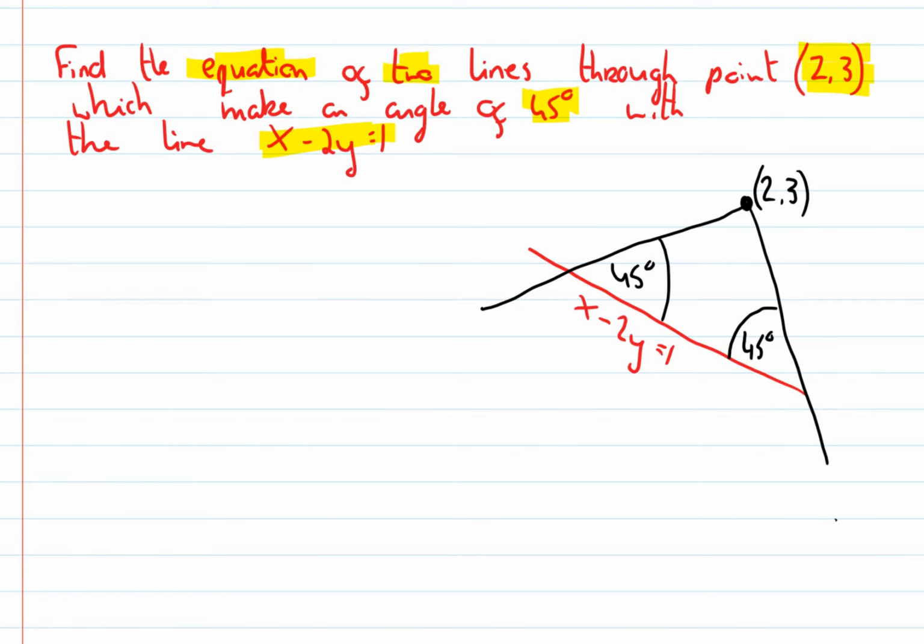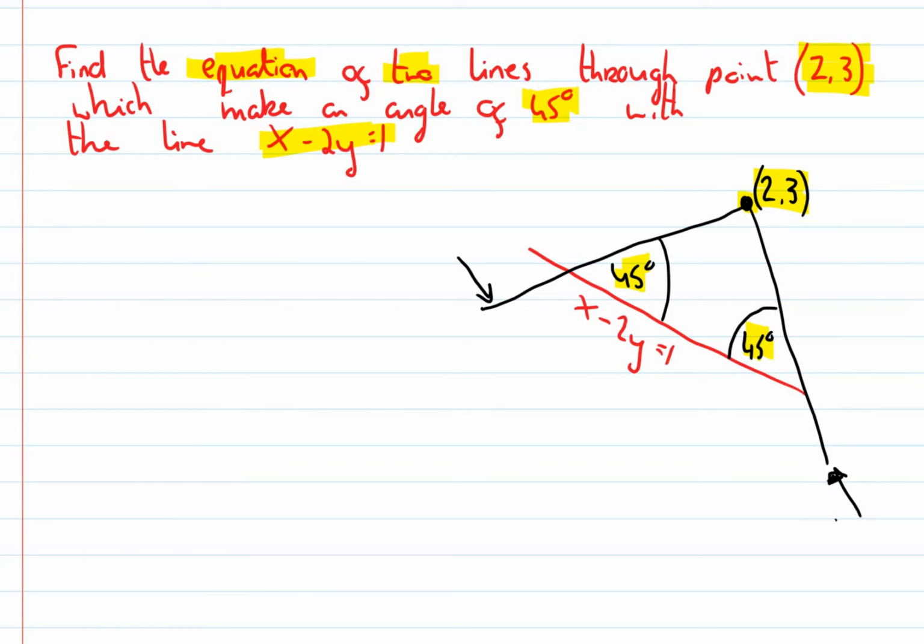The red line is our x minus 2y equals 1. And we have two lines in black, and they each make a 45 degree angle with the red line. They also both pass through the point (2, 3). Okay, so that's what it looks like. What we're asked to find then is the equation of this line and the equation of this line.